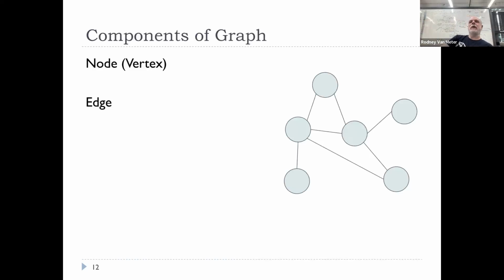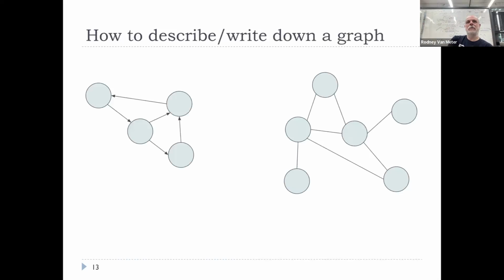So I already told you briefly here that the circles, we call those nodes or vertices, and the lines that connect them, we call those edges. Now the question is, how do we actually write down these graphs?